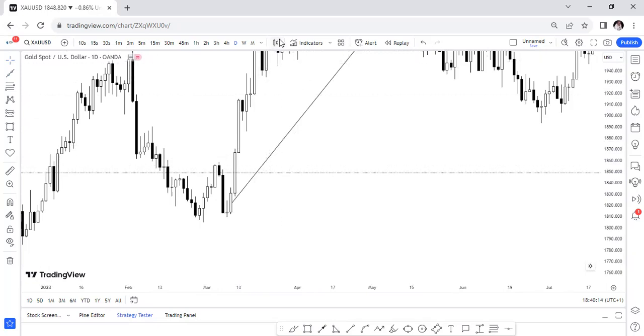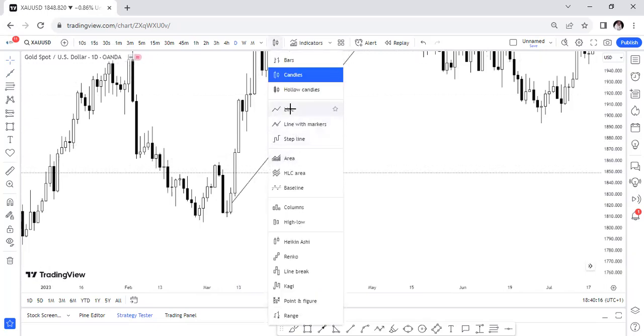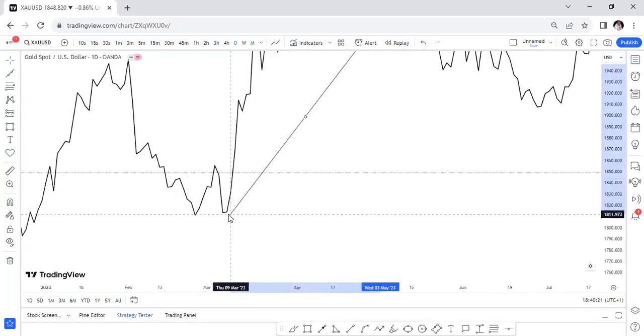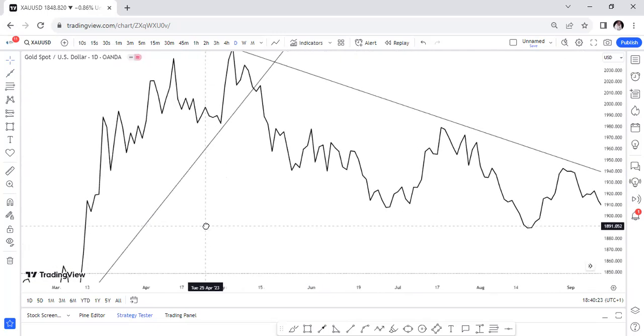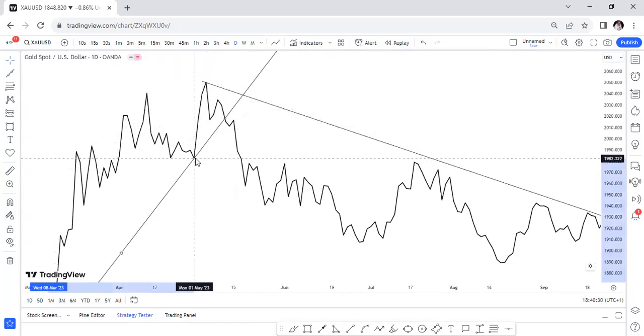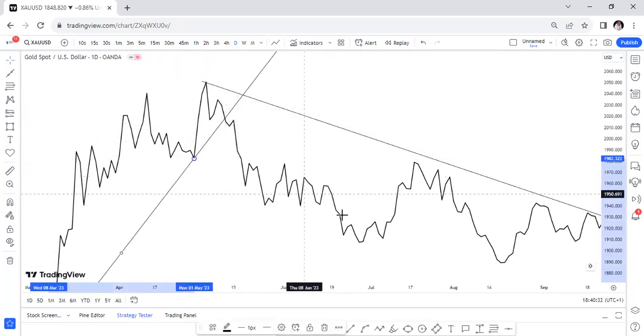If you change this to a line chart, we can see this very well. So we use it to determine where there's going to be a breakout, right? This is the top point connected to this. I've got a breakout here, right?